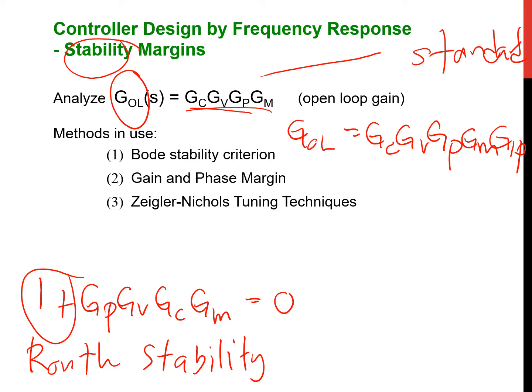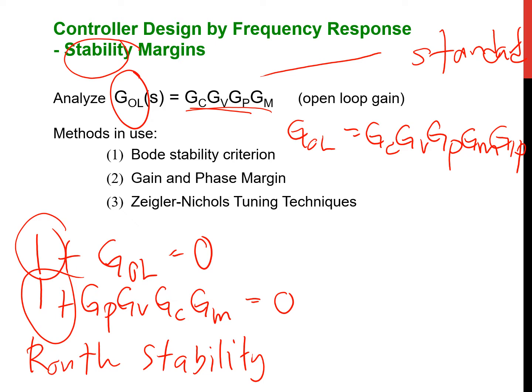For the Routh stability, actually 1 plus GP, GV, GC, GM, sometimes we call it 1 plus GOL equal to 0. So 1 plus GOL stands for the closed loop because we already close it by the 1. But this one is called open loop only. We didn't consider the 1 here. But still the same thing, we want to measure the stability of the given transfer function.